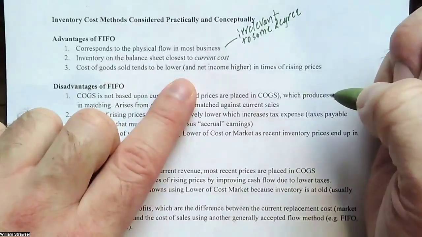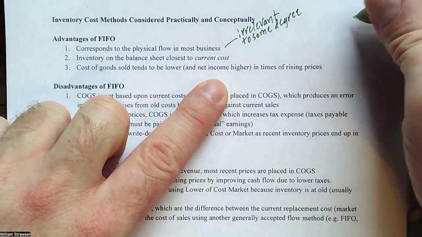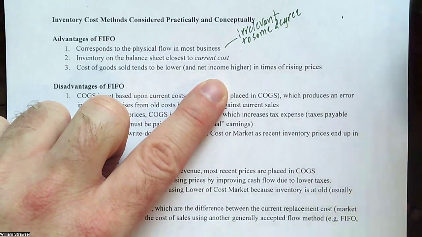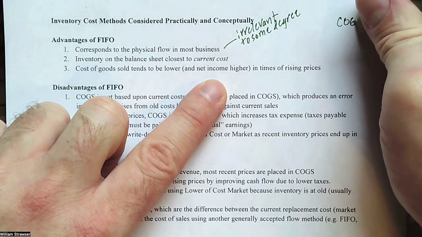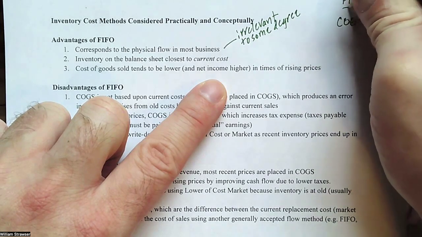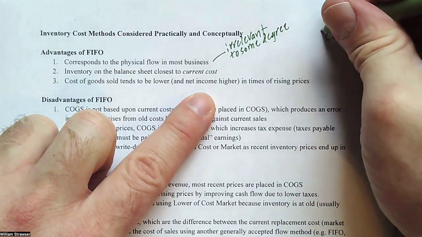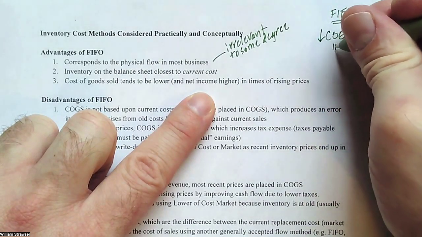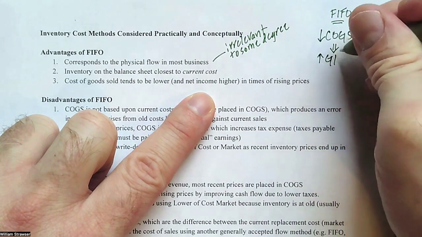And as cost of goods sold is lower, this tends to mean higher net income. Now, is that always desirable? Not on your taxes. And that's why LIFO is so desired in the corporate world. But yeah, FIFO during times of rising prices has lower cost of goods sold, which creates higher gross profit as the most relevant subtotal.